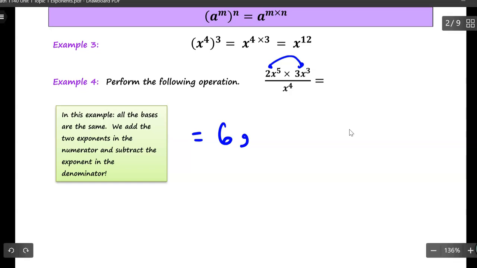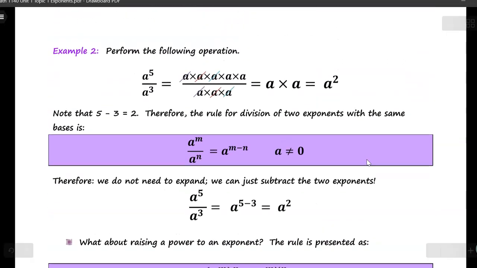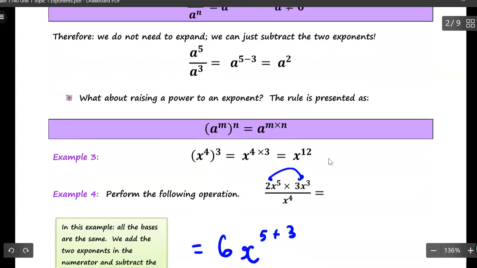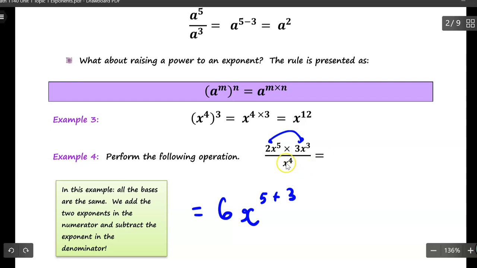About the exponent, because you are multiplying 2 powers with the same base, you just write it as 1 base of x and 5 plus 3, according to the formula above. If I multiply the 2 powers, I add the 2 exponents. The next step is, because x is also the same base, I can go ahead and subtract the 4.